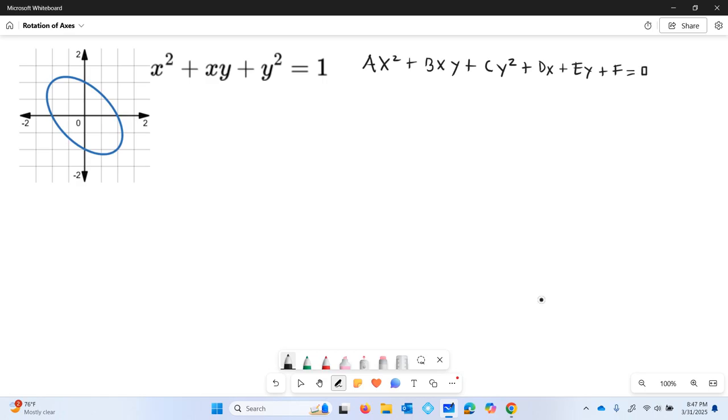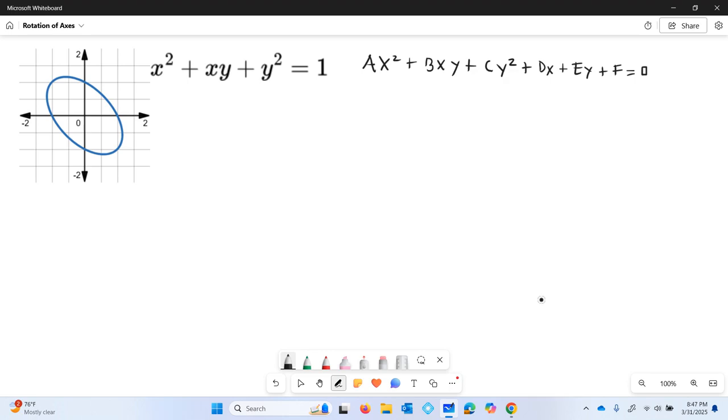Now, there are ways to tell if this is a parabola, ellipse, or a hyperbola. You'll notice that some of the terms are missing, and that's okay, because that's going to help us classify this as a particular conic that you would be familiar with.